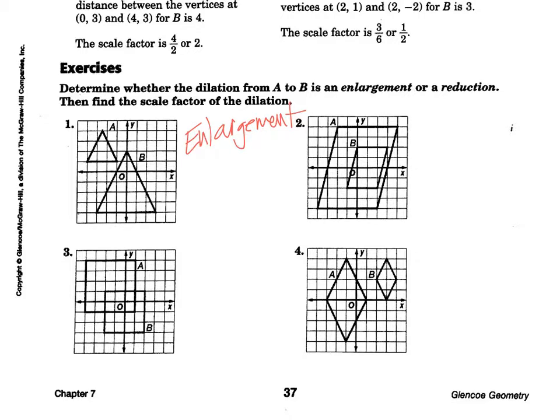The altitude or height is 1, 2, 3 units tall here. Now, in the new one, it's 1, 2, 3, 4, 5, 6. So we went from 3 units high to 6 units high. That means I multiplied by a factor of 2. So our factor is 2.